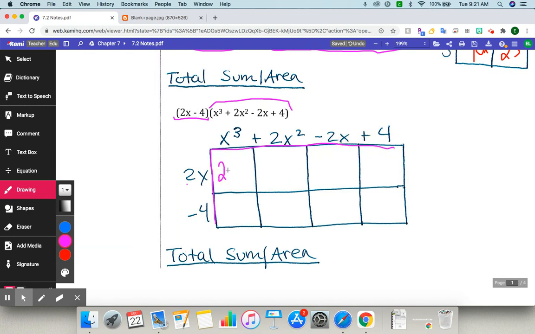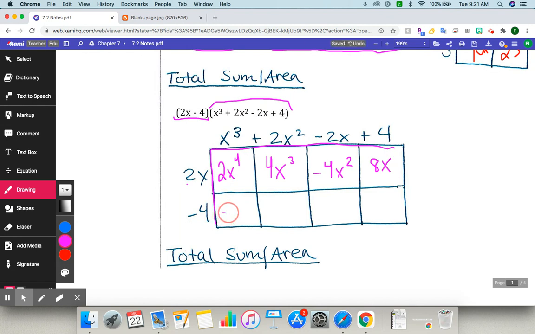So our product, 2x times x cubed, is 2x to the 4th. 2x times 2x squared is 4x to the 3rd. 2x times negative 2x is negative 4x squared. And then lastly, we have 8x in the top row.